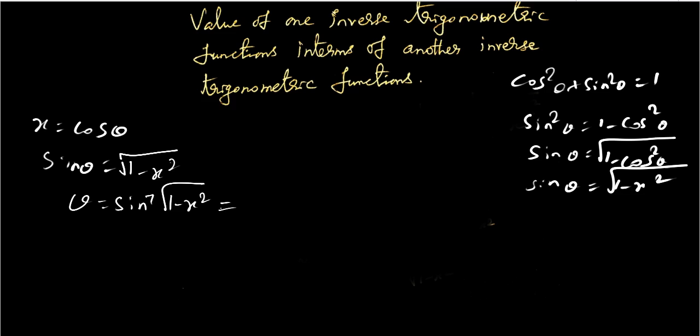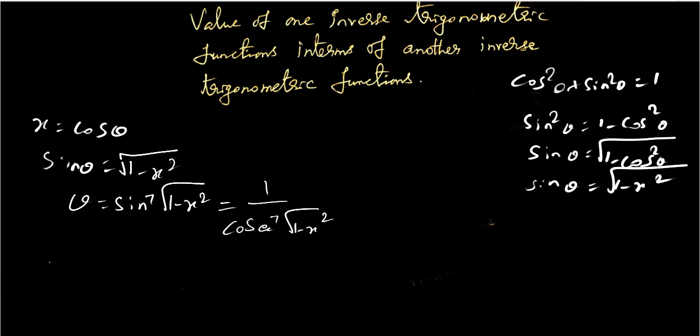If we take cosecant theta, it will become the inverse of sin theta, so that is directly equal to 1 by cosecant inverse of square root of 1 minus x square.